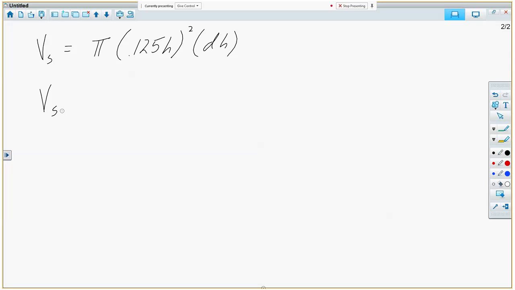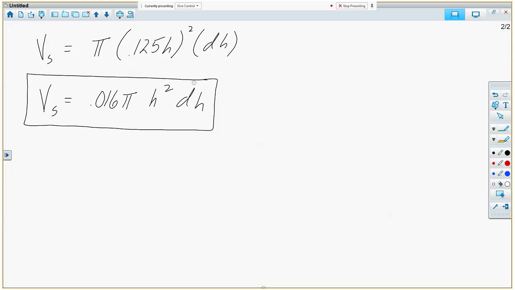What does it come out to be? 1/64, 0.016. Thank you. All right, 0.016 pi h squared dh. Okay, there's your volume. Now what?